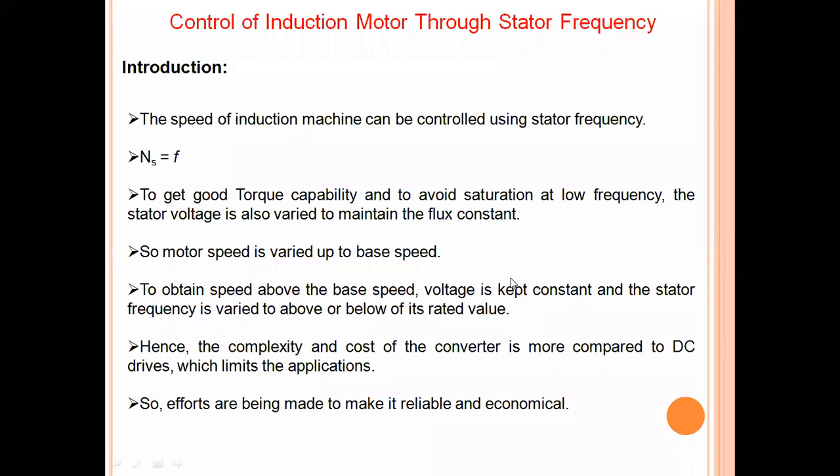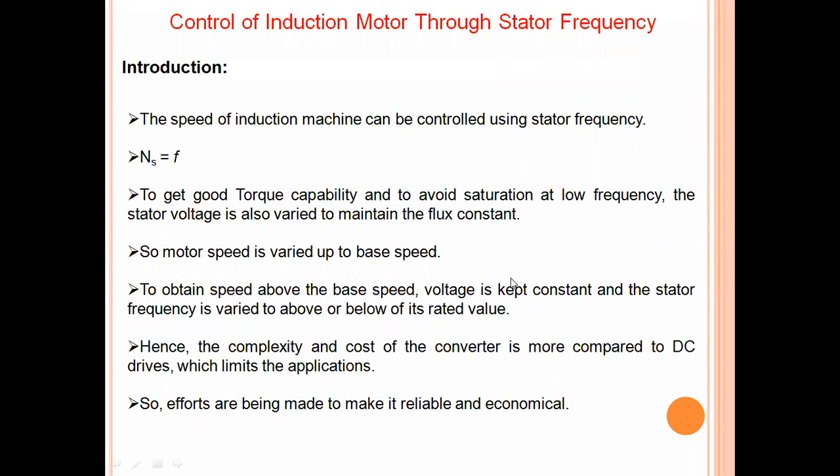Therefore, the cost of the converter and the complexity of the control system are both much higher when compared with DC drives. Because of the converter size and the complexity of the control mechanism, this is not much used in many applications, because it is complex and costlier compared with DC drives.